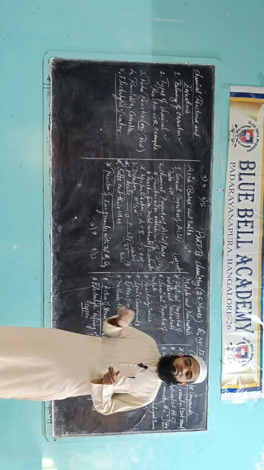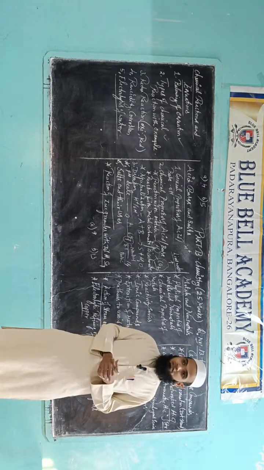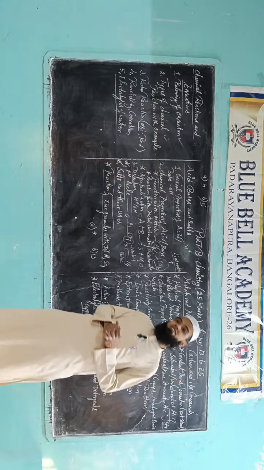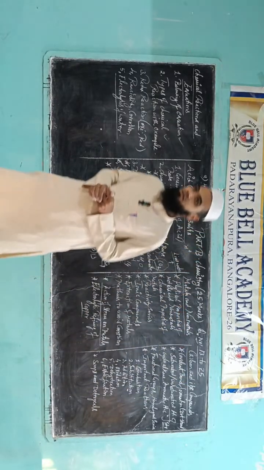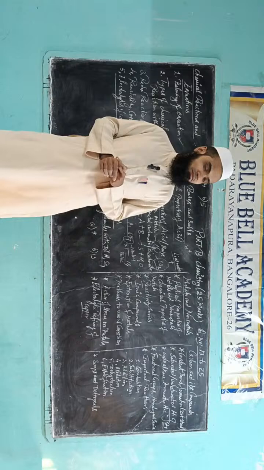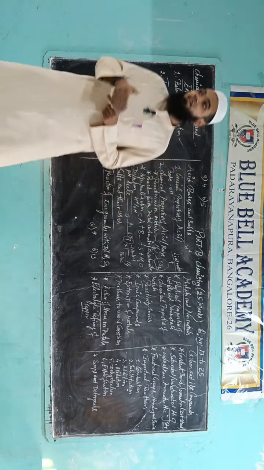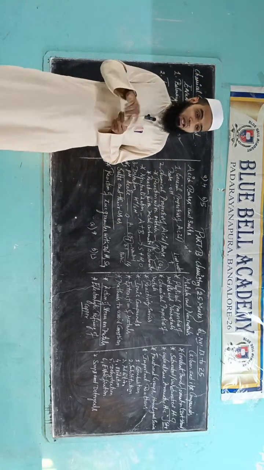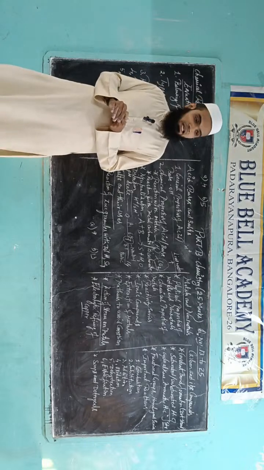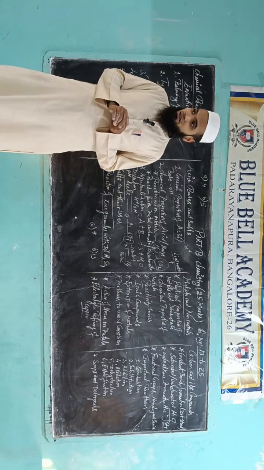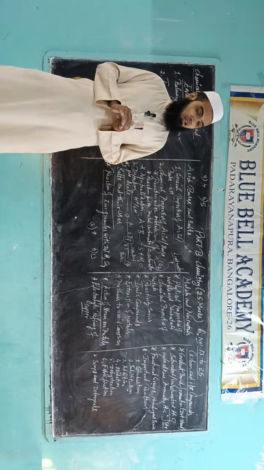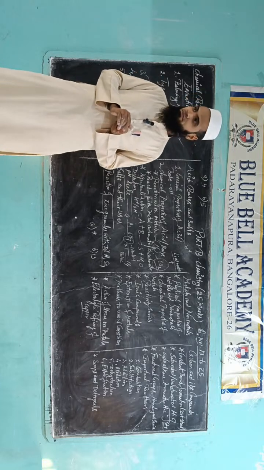Name the non-metal which shines: iodine. Which is the best conductor of electricity? Silver. Poor conductor of electricity: mercury. Liquid metals: mercury and gallium. Are you getting it? Best conductor of heat: copper.